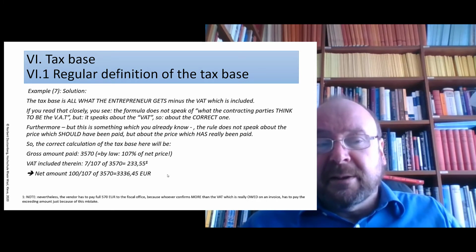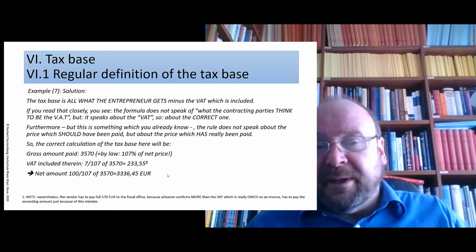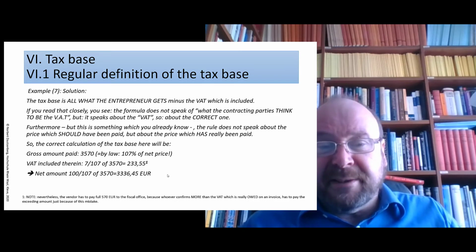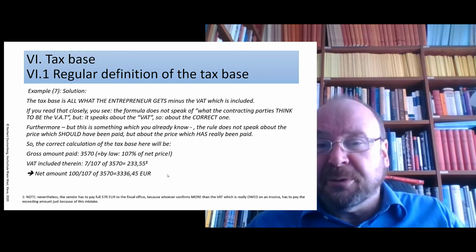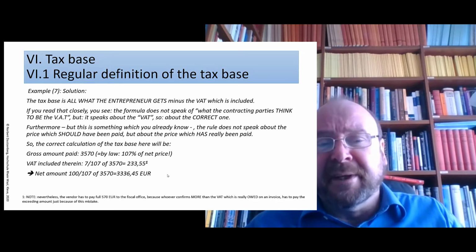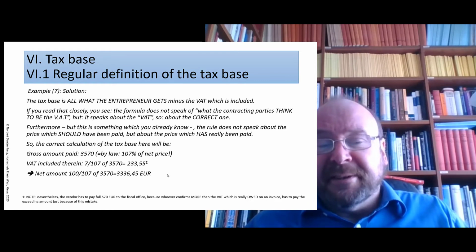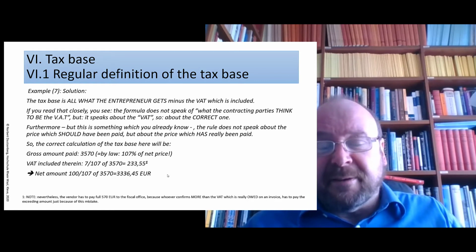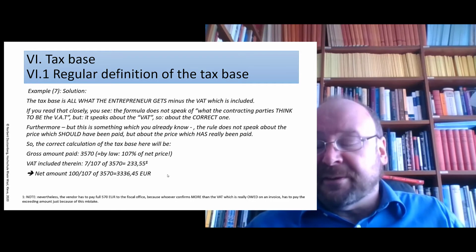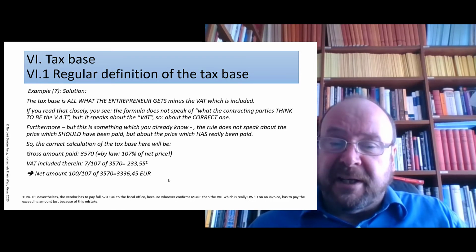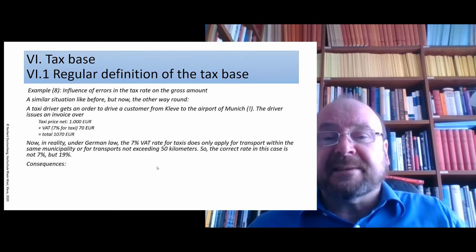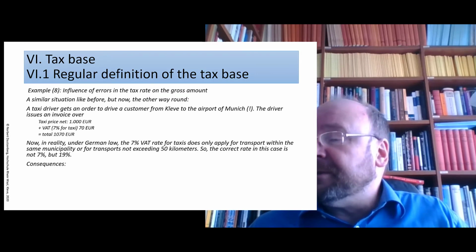So here in the chaos which our people created, the entrepreneur has to pay the full 570 shown on the invoice to the fiscal office, whereas the recipient of that invoice can only deduct the correct 7%, so 233.55. Let's look to another example, ladies and gentlemen.